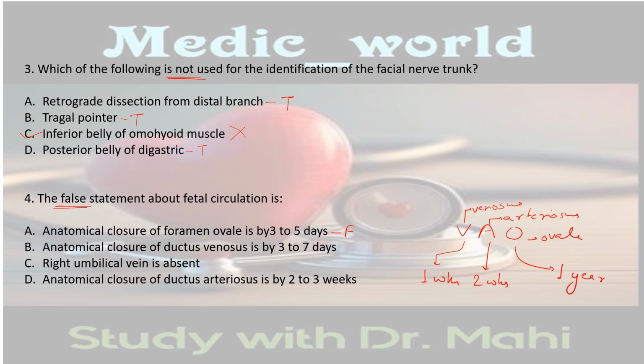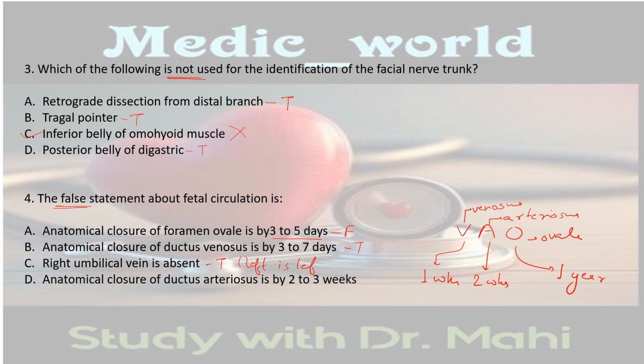And here it is given the anatomical closure of ovale is by 3 to 5 days. No. Now anatomical closure of ductus venosus is 3 to 7 days. 1 week, 3 to 7 days. Yeah, it is the true statement. Right umbilical vein is absent. It is the true statement because left is left.